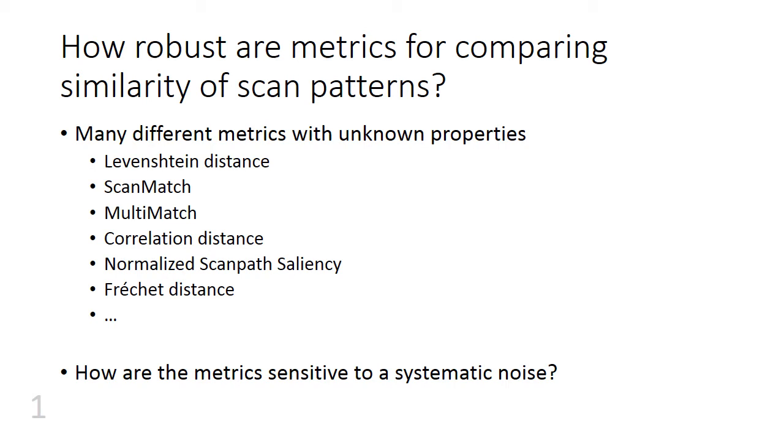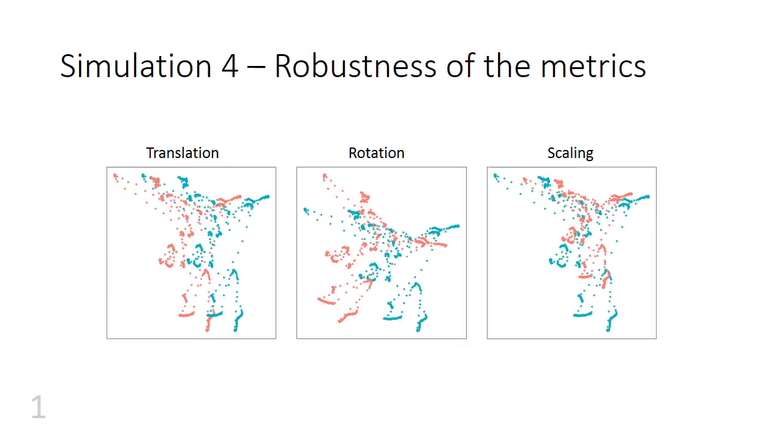I explored how sensitive these metrics are to noise. I created 4 simulations. The first 3 were preparatory for simulation 4. In this simulation, I selected 5 metrics that can be used for scan patterns in dynamic tasks and measured their scalability with added noise in the scan patterns.